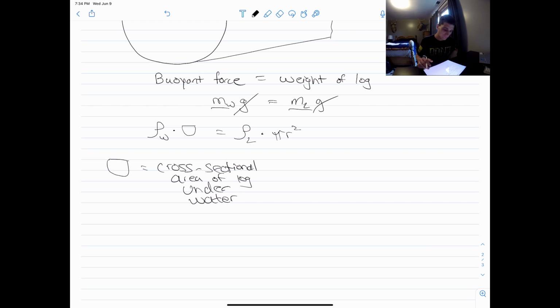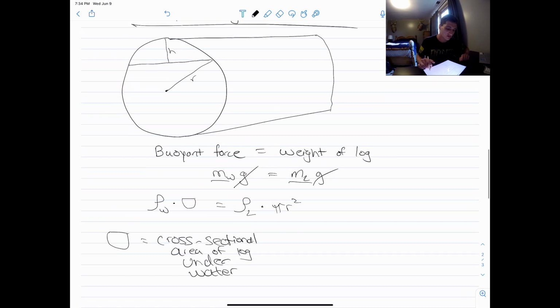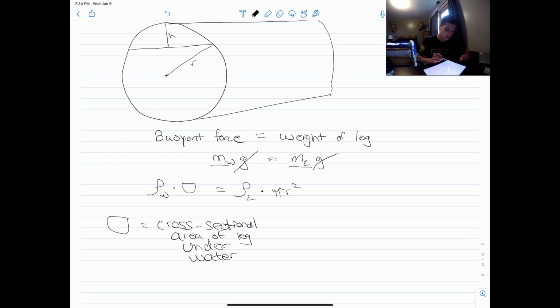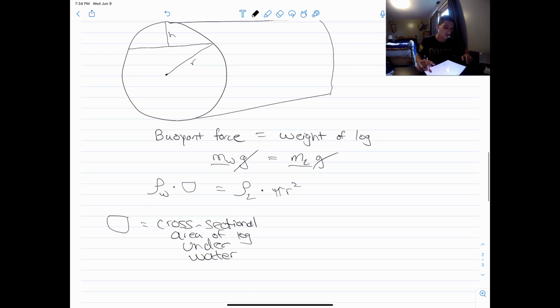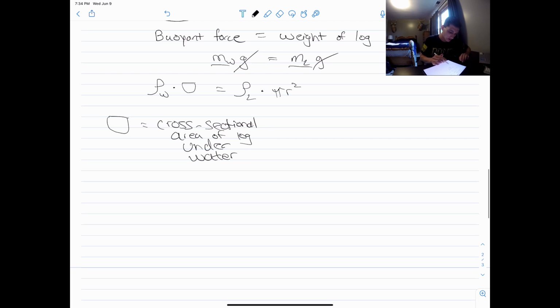So we're close, and we need to find the cross-sectional area of what's under the water. We know that the area of the circle minus a little top, like a moon shape, if you will, is equal to this.